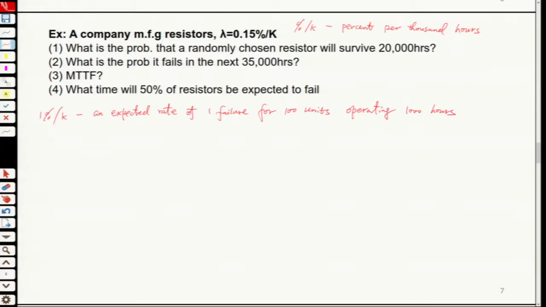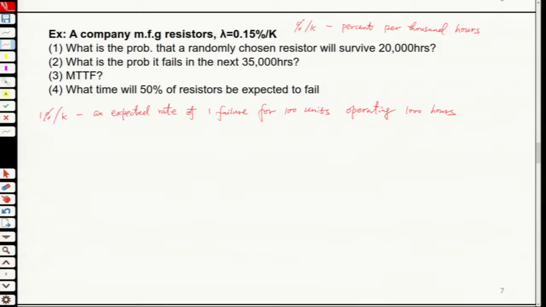So this is the physical interpretation of this unit. 1% means the failure rate is one failure out of 100, operating 1,000 hours.